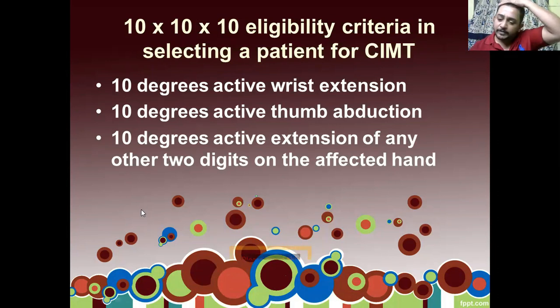So constraint induced movement therapy is always preferred for the upper limb. That is why this 10 into 10 into 10 rule is given only for the hand. Please don't ask me whether I can constrain the lower extremity. That is not for the lower extremity.